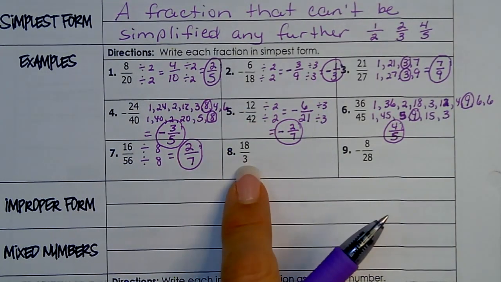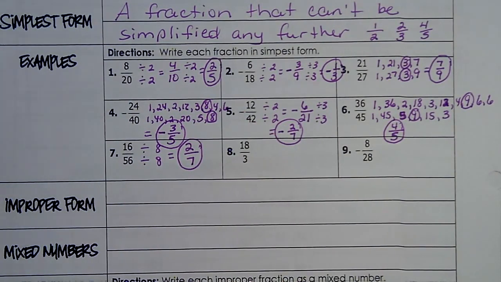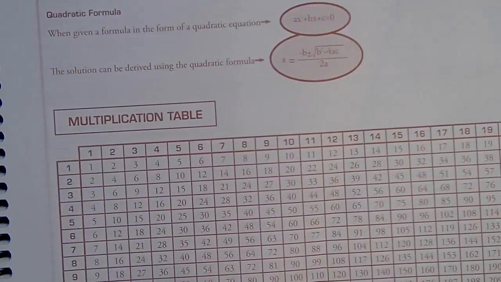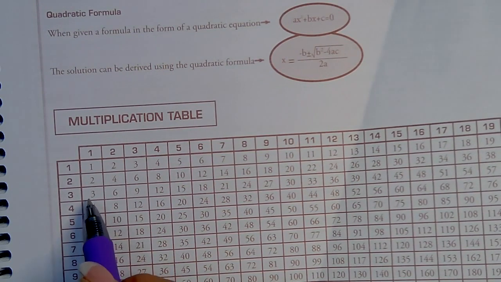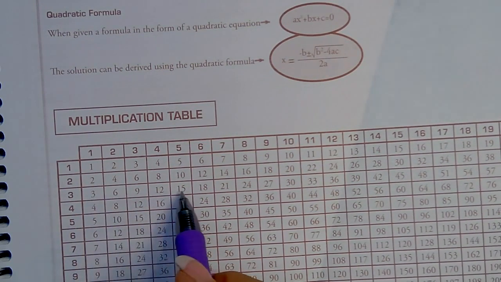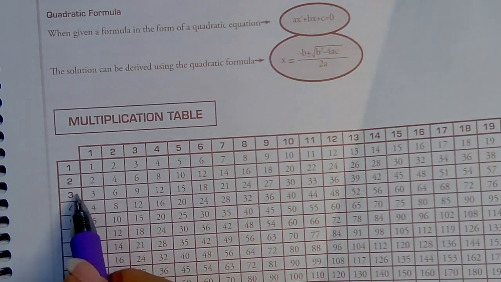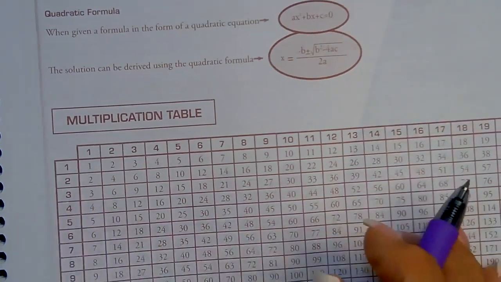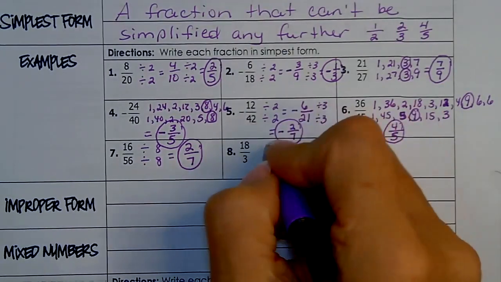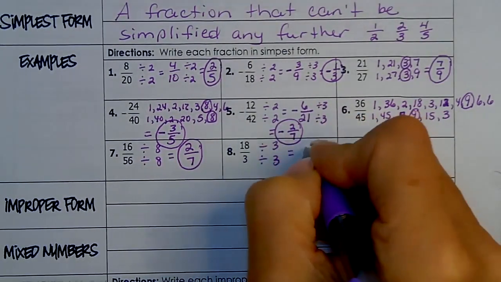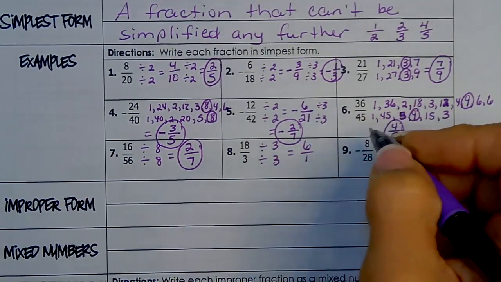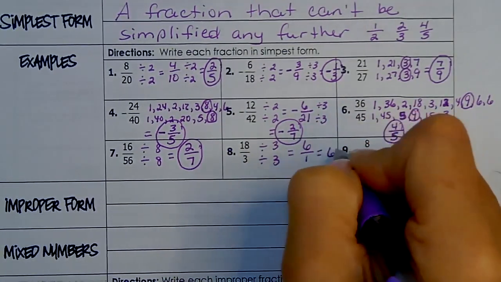Let's try the next one, 18 and 3. So I'm looking for where I have it. Looking for the smaller number first, 3. And then here's 18. So that means that 3 is my common factor. Divide both top and bottom by 3. And I get 6/1, which is equal to 6.